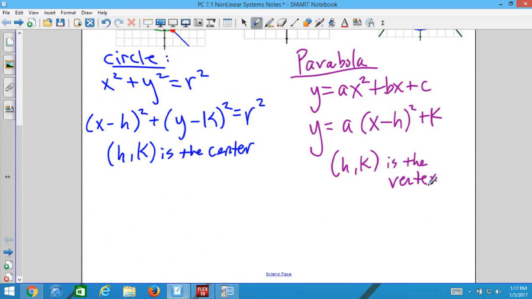It's kind of the same thing, but it's not. The center of the circle is like in the middle of the circle. The vertex of the parabola is that middle point. Related, but they're not. I'm giving you this information for the future. You won't need to write the equation of a circle or parabola yet, but you will in the future.